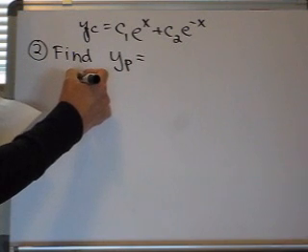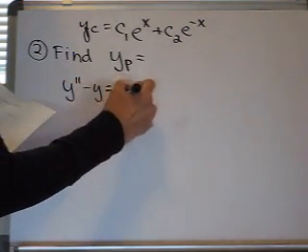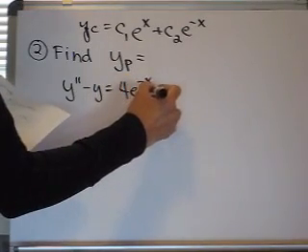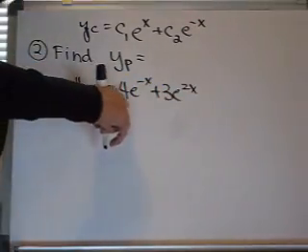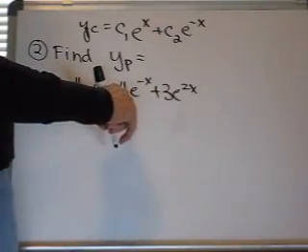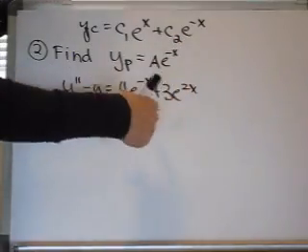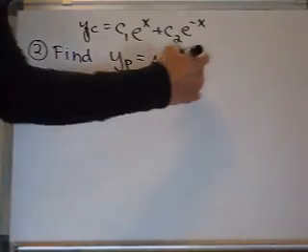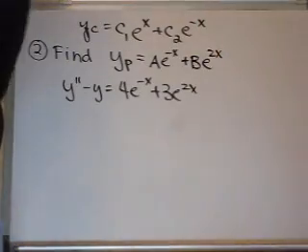So the non-homogeneous part, remember the DE was y double prime minus y equals 4 e to the negative x plus 3 e to the 2x. So if I assume my solution looks like this part, it's going to be an undetermined coefficient a times e to the negative x plus some other undetermined coefficient b times e to the 2x.